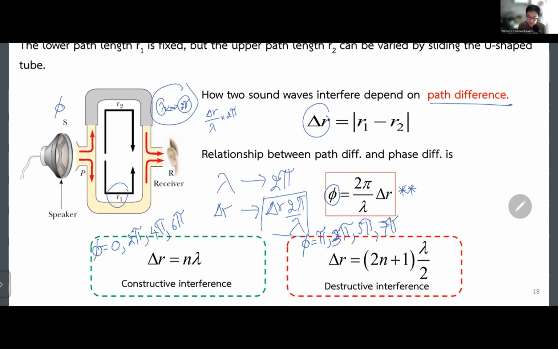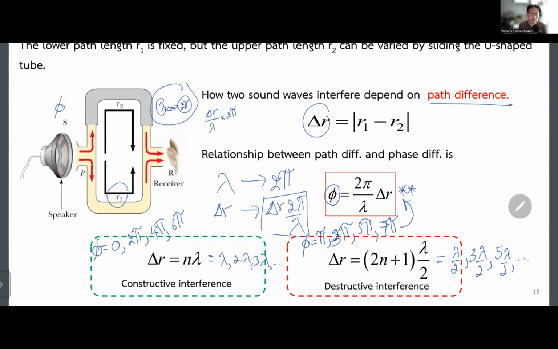So over here, if you plug it back into this expression and convert into delta r, you're going to get destructive interference in distance every time that you hit lambda over 2, 3 lambda over 2, 5 lambda over 2, on and on and on. See that? Over here, I can say it's just lambda, 2 lambda, 3 lambda, on and on.